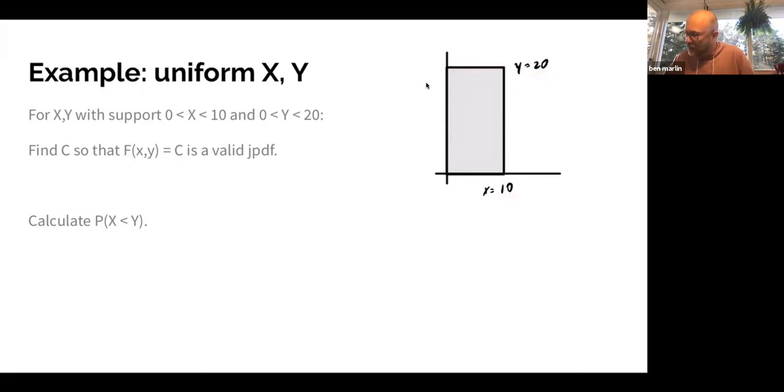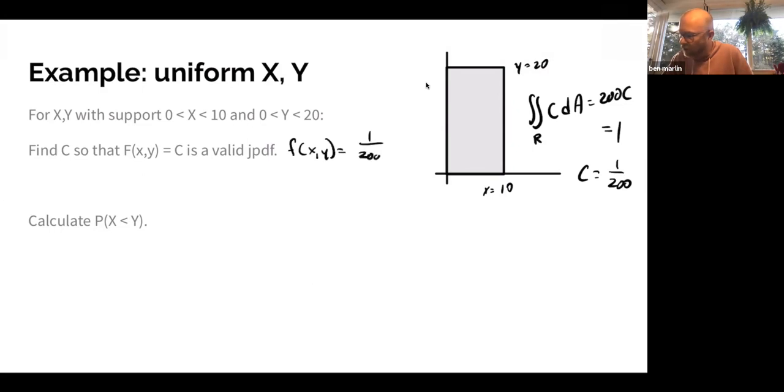So that's going to tell you, oops, forgot to change tools, the double integral across the region of c dA is going to be 200c. And since that needs to be equal to 1, then your c is going to be 1 over 200. Okay? So then we will just write out here f of x, y equals 1 over 200. If you prefer to write it as 0.005, go right ahead.